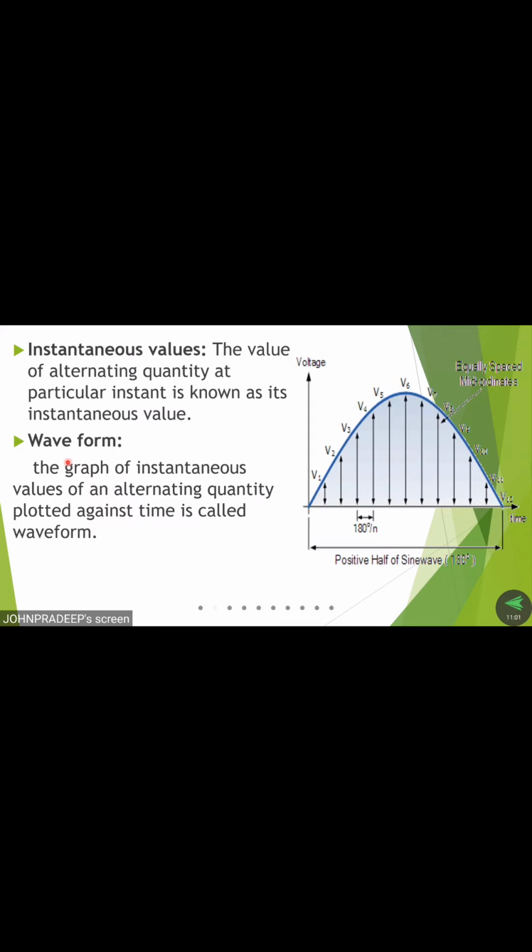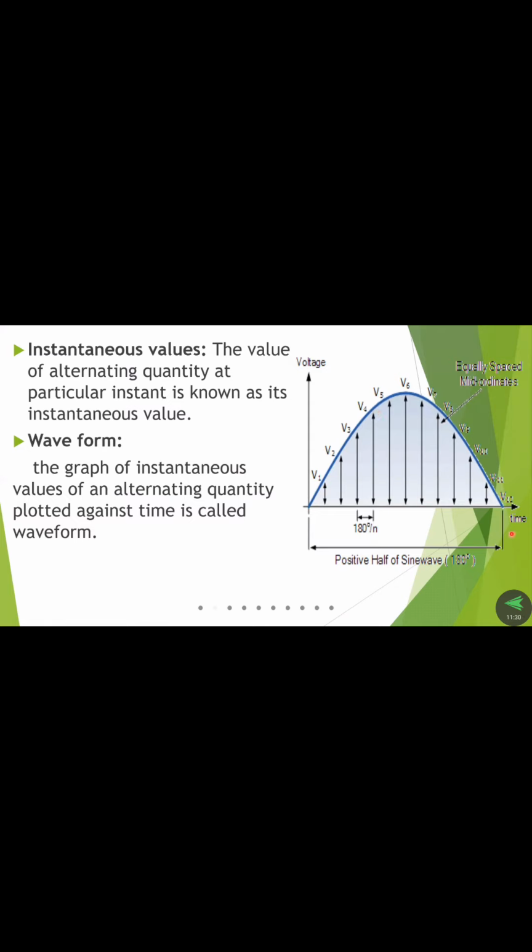Next, waveform. A waveform is nothing but a graph of the instantaneous values of an alternating quantity plotted against time. If we take time on the x-axis and the magnitude of voltage or current on the y-axis, and draw the instantaneous values, for example at times 1, 2, 3, 4 up to 12.